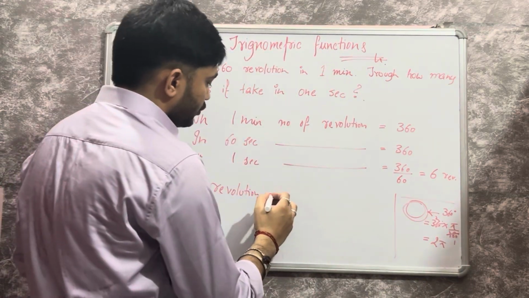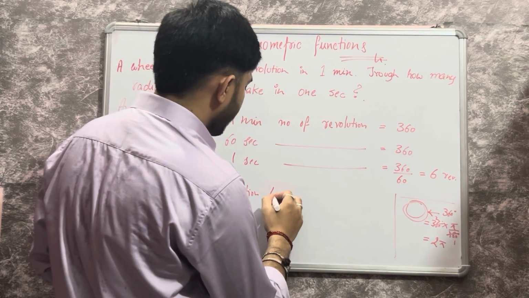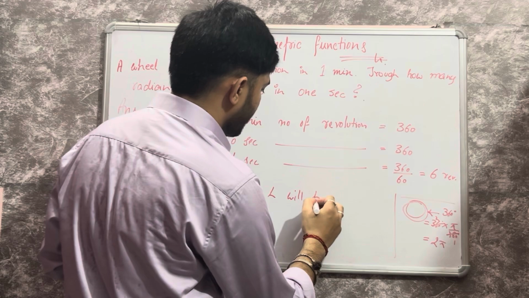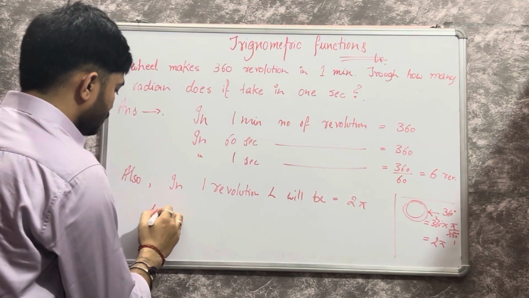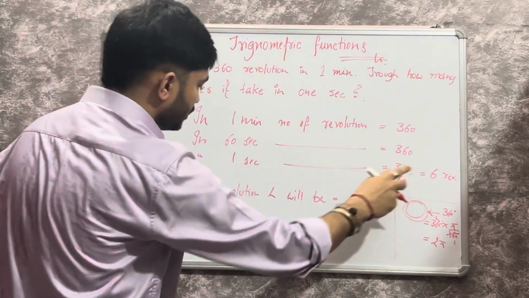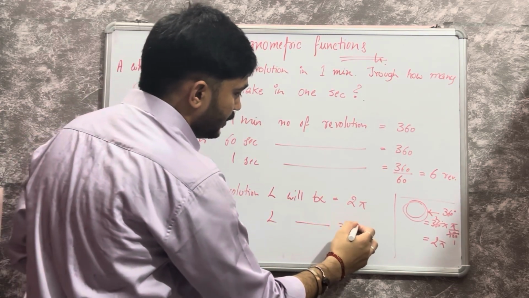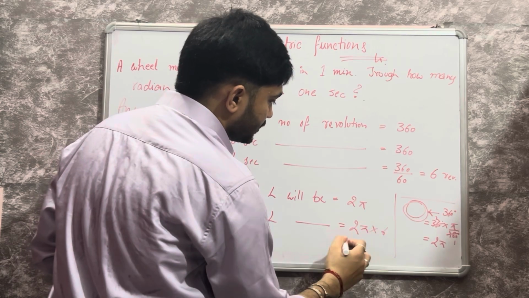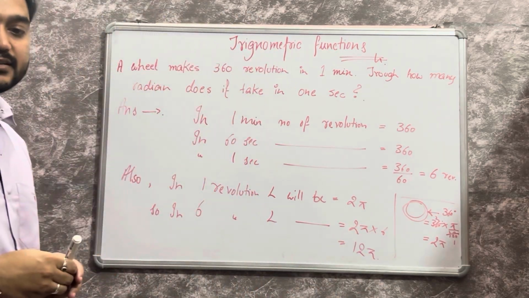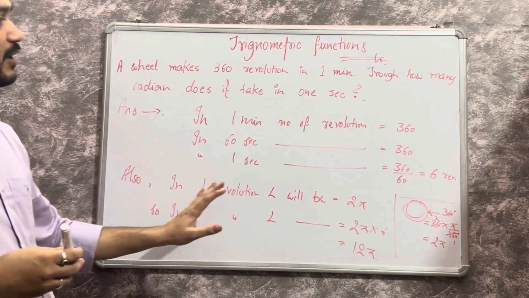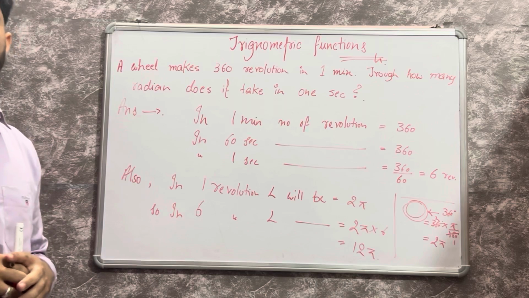So in 1 revolution the angle is equal to 2 pi. So in 6 revolutions, the angle will be 2 pi into 6, that is equal to 12 pi. That is the answer of it. If you have any doubt, you can ask me anytime. Please take the screenshot if needed.